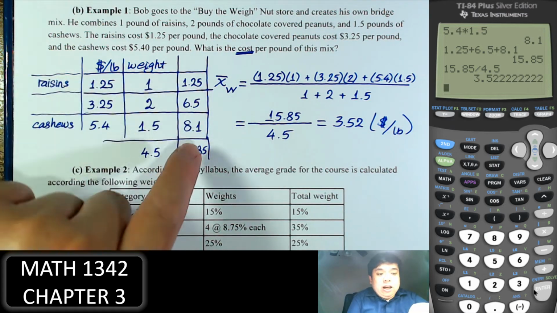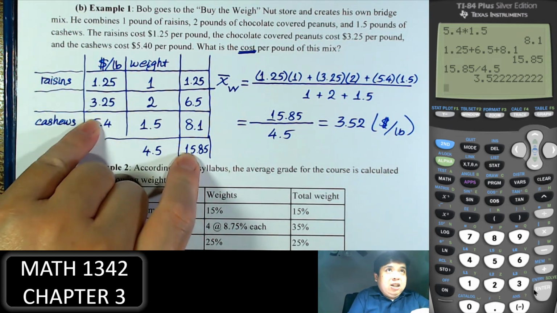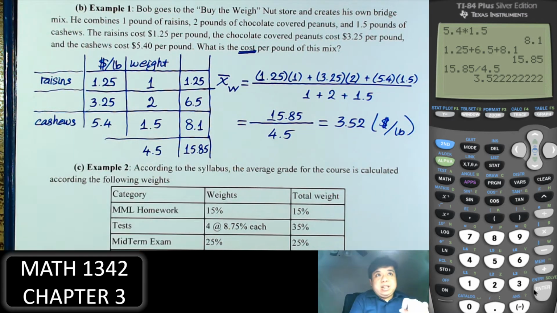The unit of the weighted mean and the first list must be the same. So when we look at the problem, we have to determine which one is L1 and which one is L2.